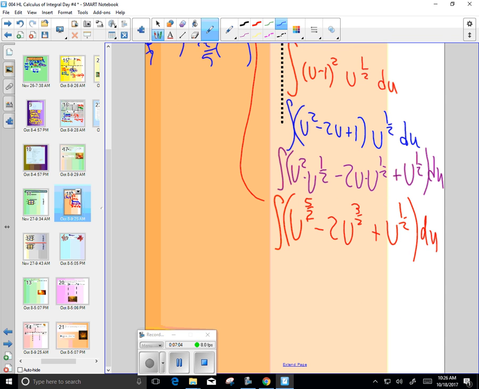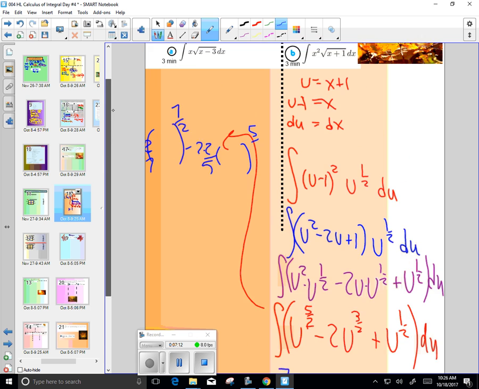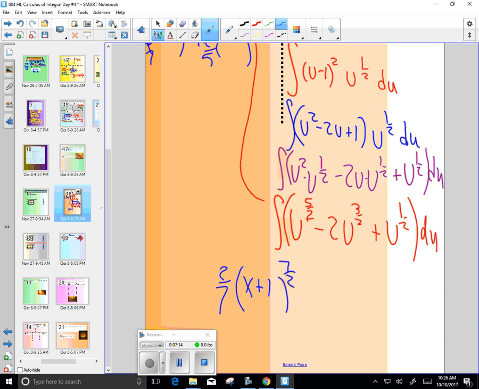I'm just going to go this way. u to the 7/2 times 2/7, with u being x plus 1. And then it'll be minus 2 times u to the 5/2 times 2/5, x plus 1. And then the last thing will be u to the 3/2 times 2/3, x plus 1, plus c.